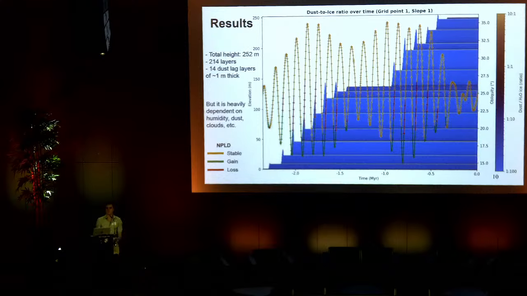I have one small question. After a period of stability, the polar deposit starts to grow again, but then I saw in, I think, the next slide, that at first the dust content is quite high and then it decreases. Yeah, because the way the dust is accumulating right now in the PCM is really simple.